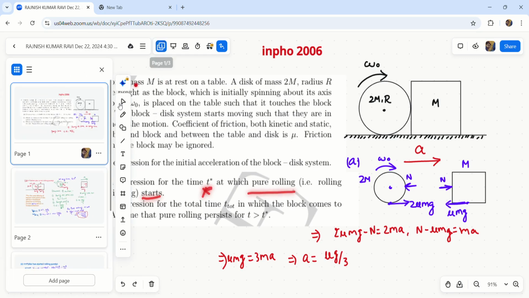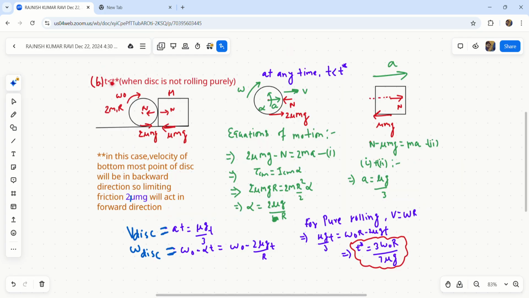For the time t less than t star, there is no pure rolling. The bottommost point is slipping in the backward direction, because the velocity of the bottommost point will be in the backward direction.